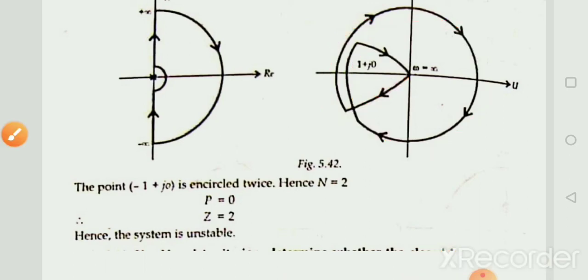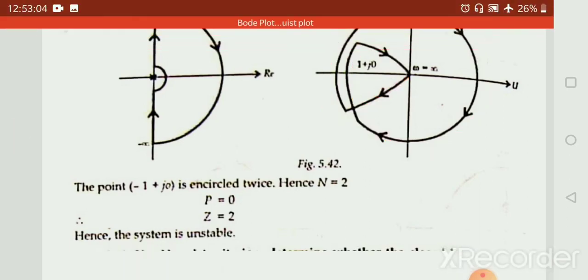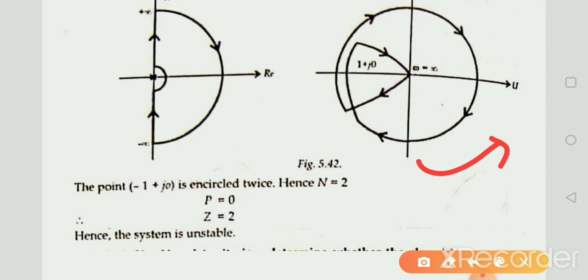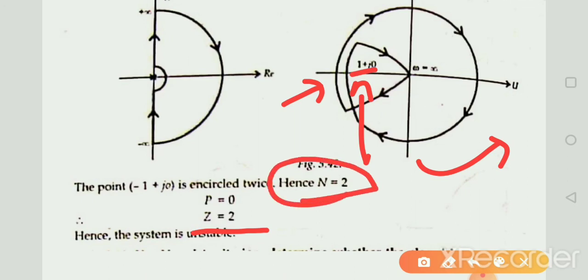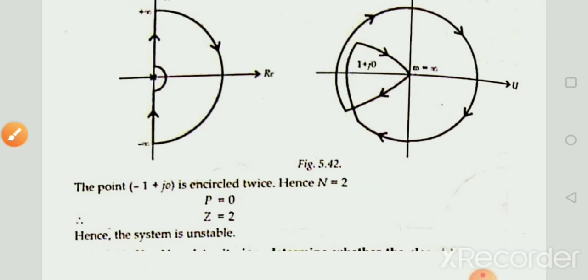So our Nyquist plot is like that. Now you can see that the number of encirclements of the point minus 1 plus j0 is 2. At first it cuts here, and the second is here. So the value of N equal to 2. Now if we calculate the value of Z, it is also 2. So the system is unstable.